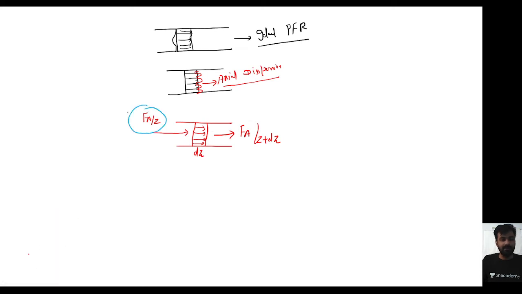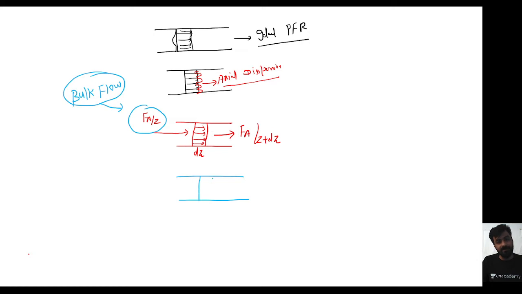Here there will be two flows, bulk flow and migration. One another flow that will be there here is the dispersive flow, that I have already told you, back flow due to dispersion.